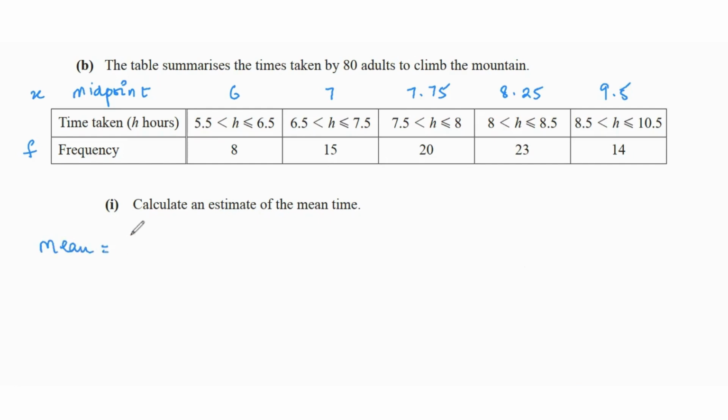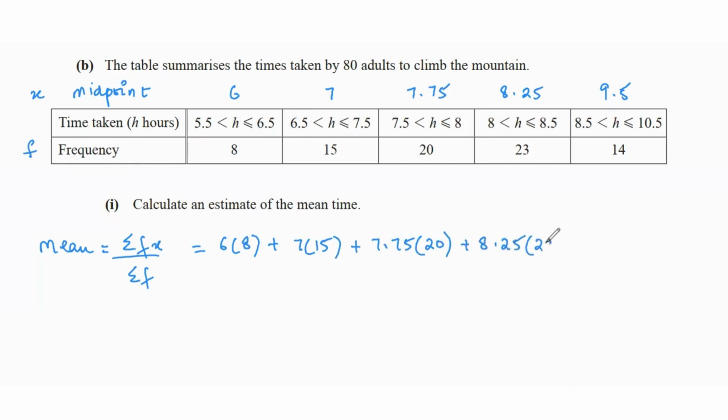Mean is basically sigma fx over sigma f. Sigma fx is the sum of the product of our f and x values. And sigma f is the sum of f, which is the frequency. So it's going to be 6 times 8 plus 7 times 15 plus 7.75 times 20 plus 8.25 times 23 plus 9.5 times 14.